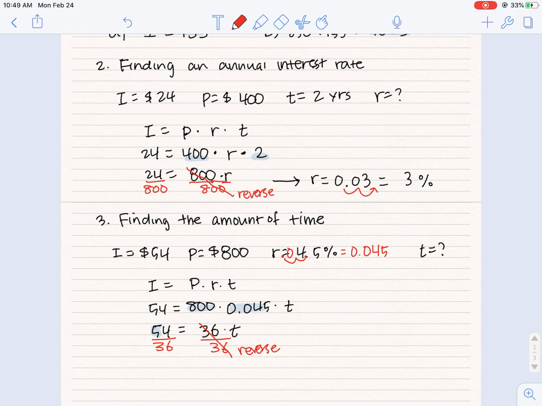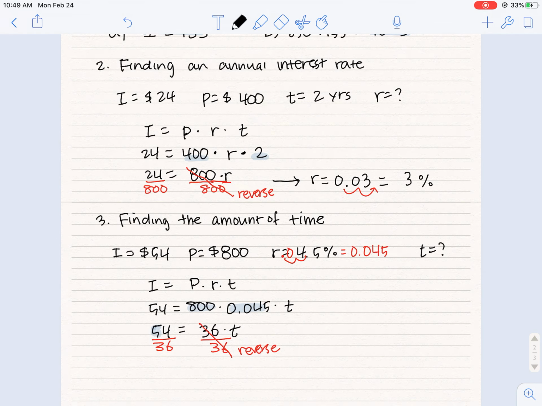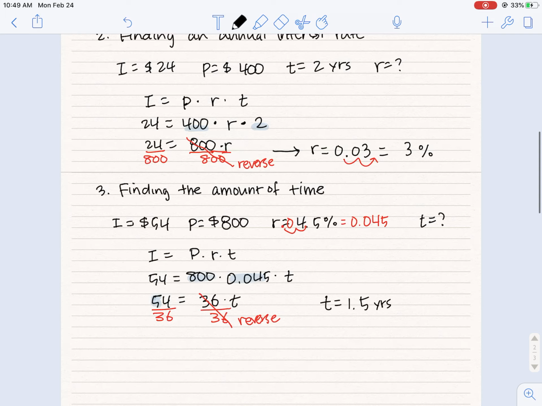So now all I have to do is divide 54 by 36, which is going to give me the answer of 1.5. That means if it's 1.5 years, I am really just spending a year and a half or 18 months.